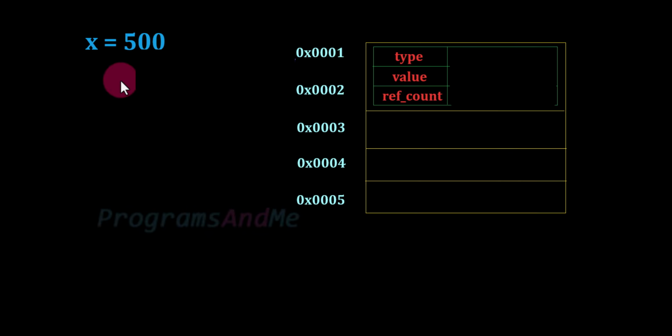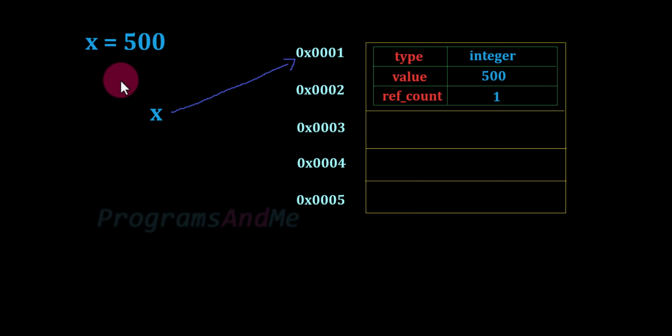When we create a variable, Python creates an object in the computer's memory. The type of the object is set to integer, the value of the object is set to 500, a name x is created and set to point to the object, and the reference count is set to 1. x is a name that refers to 500, right?